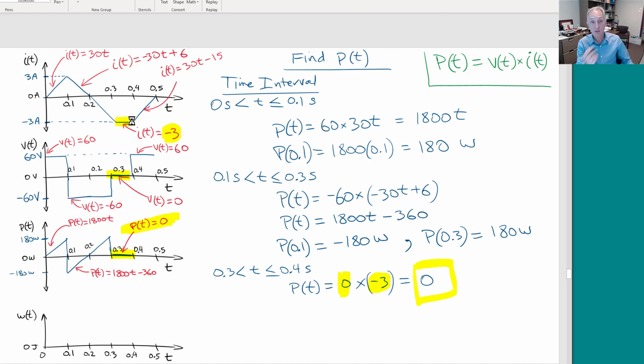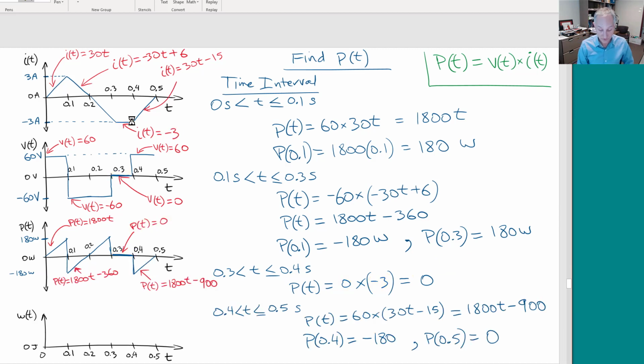Now let's do the last time interval. The last time interval is this one. P of t is equal to 60. Remember, it's V times I. So this is 60 volts representing this time interval.